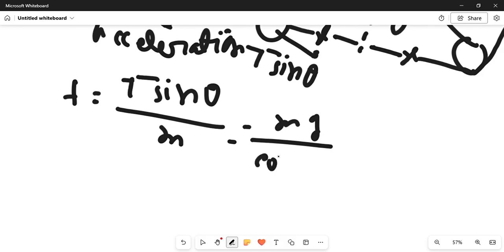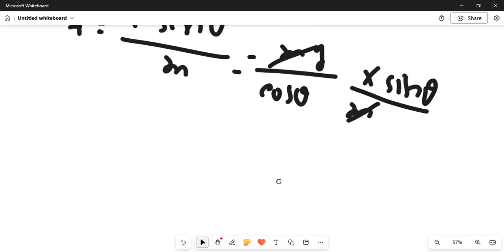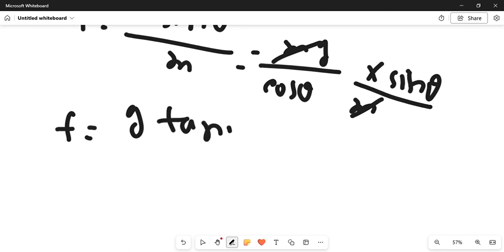I substitute this value of mg by cos theta into sin theta, and the denominator also has m present, so this m cancels out. So this acceleration f is equal to g tan theta.